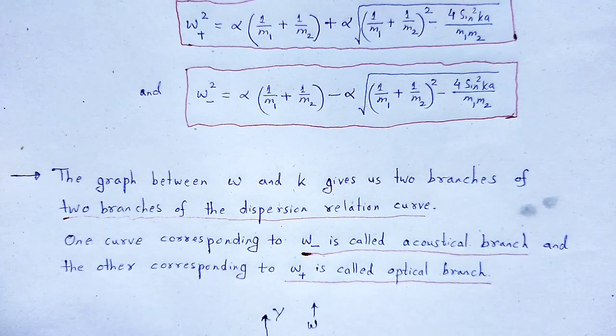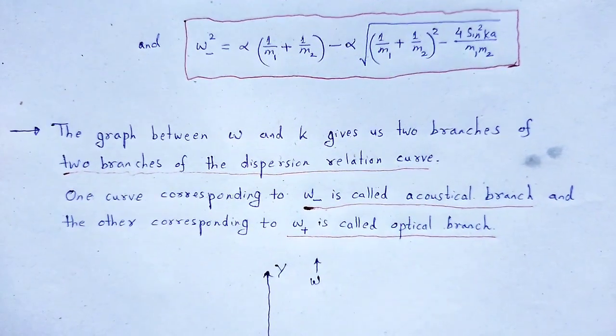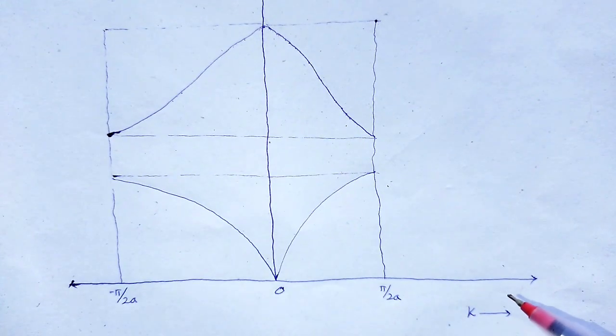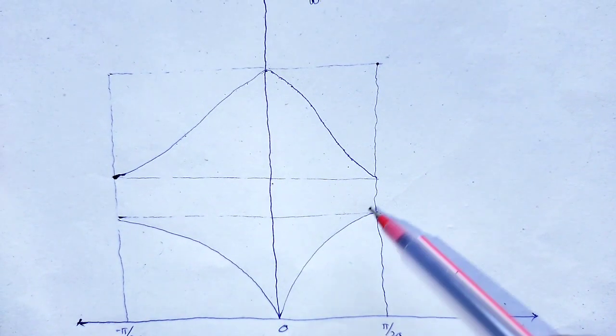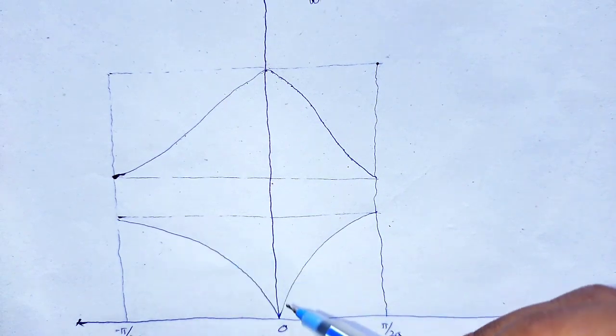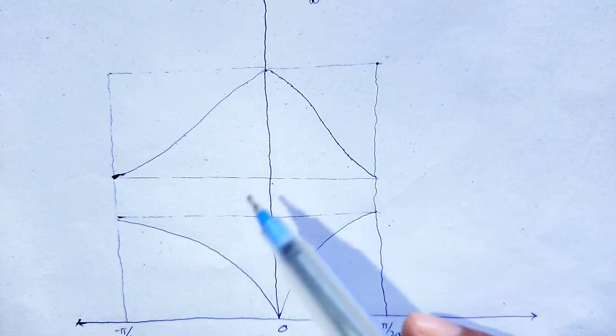If we plot omega along the y axis and k along the x axis, it has two branches, lower and upper.